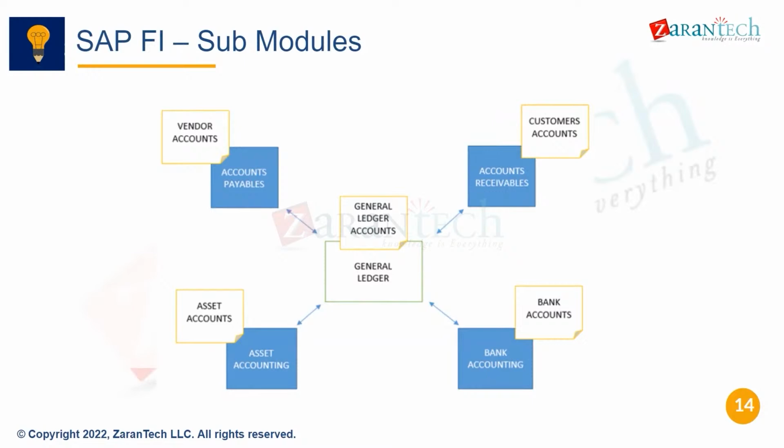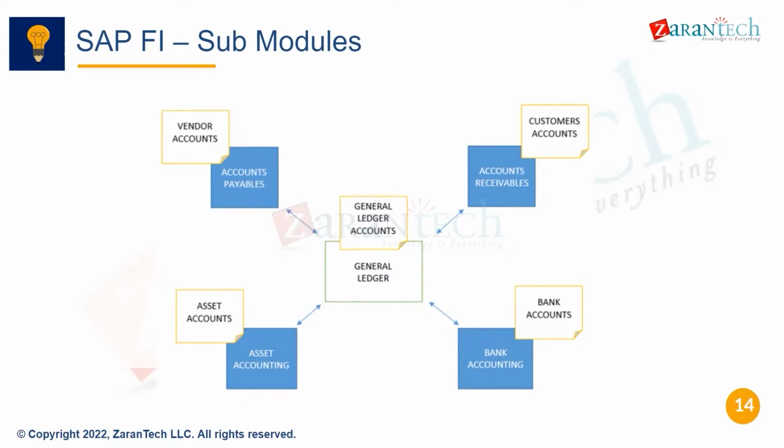And then we have accounts payable, that is to manage the vendors, how we record all the invoices that we receive from the vendors, and we manage the payments that we need to make to the vendors. So there would be several payment methods. Some vendors request checks, some request bank transfers. We will learn all these configurations, how the payments will be made to the different vendors.